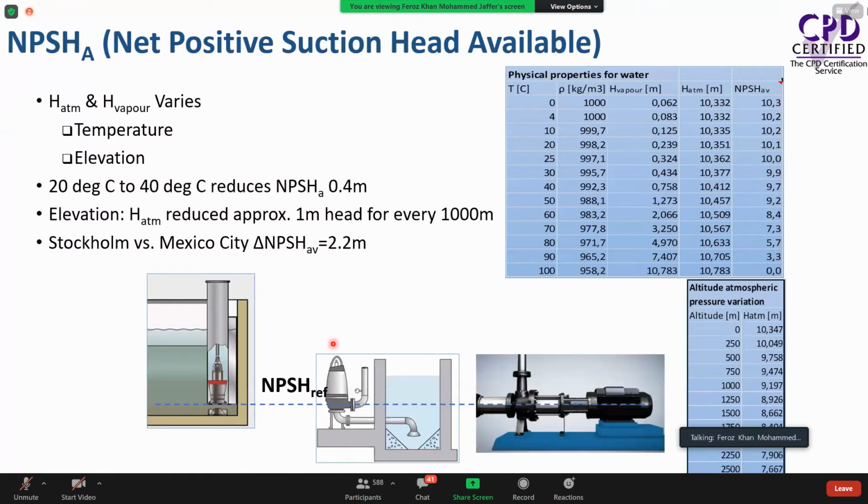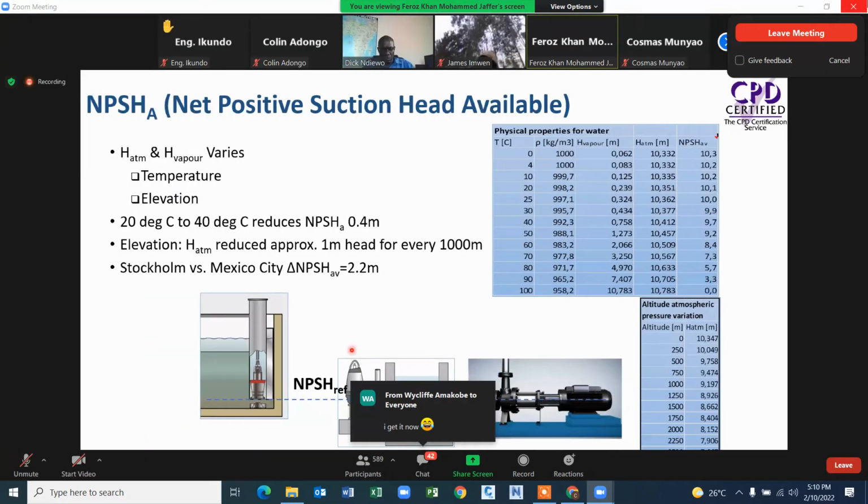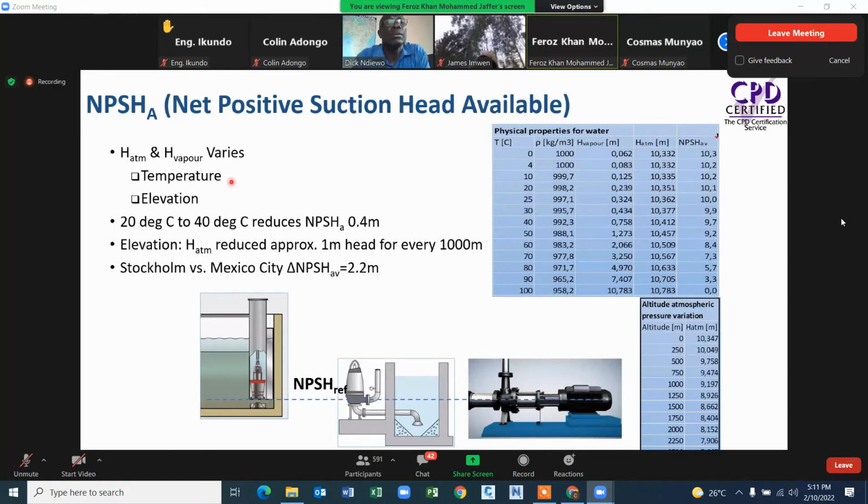Okay, so this net positive suction head data is actually influenced by two factors. One is the temperature, and the second one is elevation. So without doing anything on the calculation, if the liquid temperature changes, that will change the vapor pressure, and also the atmospheric pressure, which again depends on the elevation.